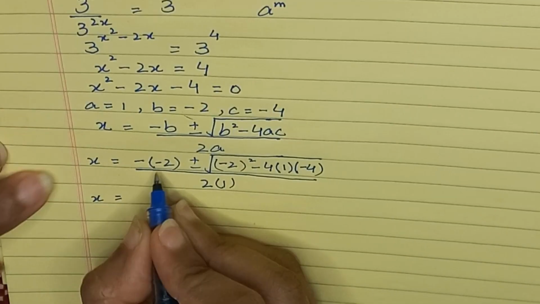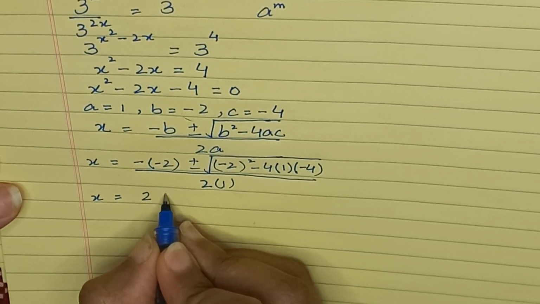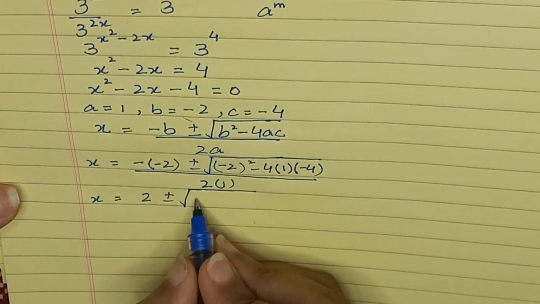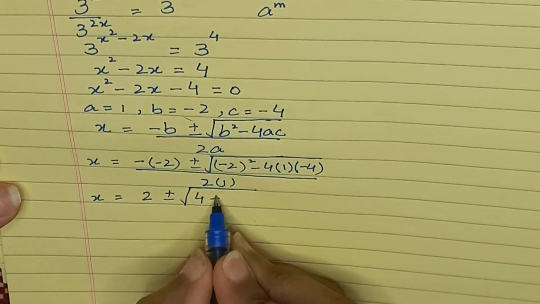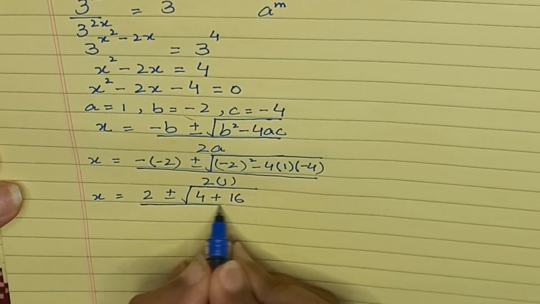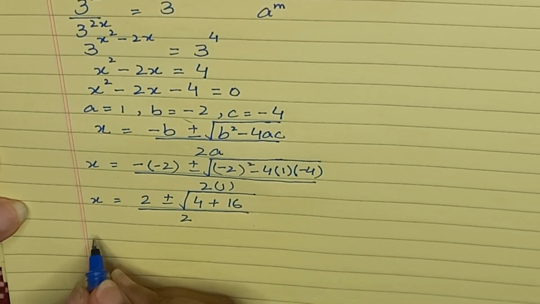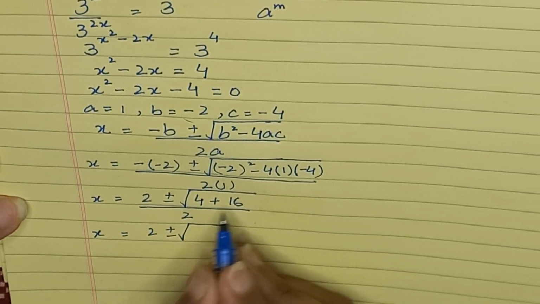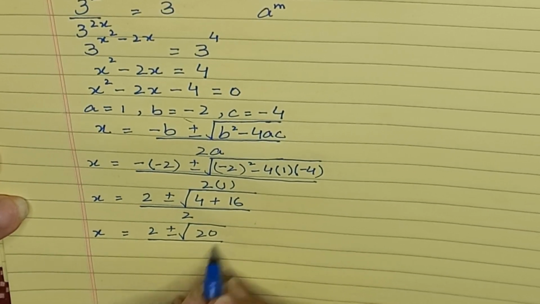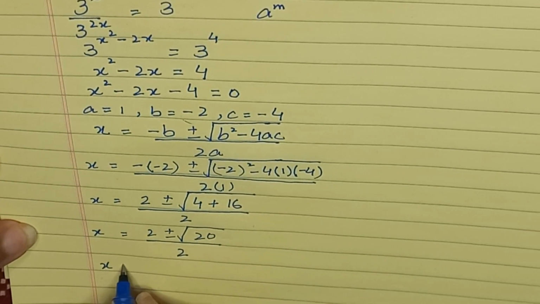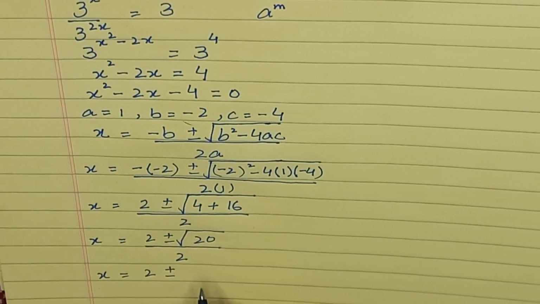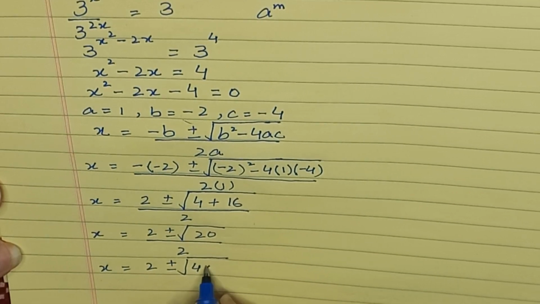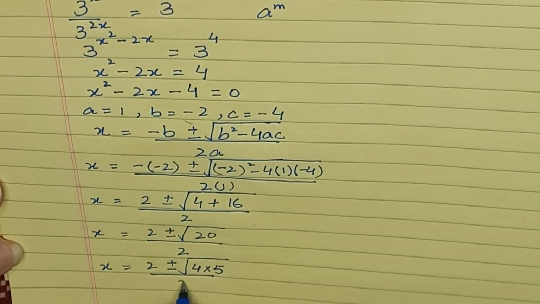So from here x is equal to −(−2), which is +2, ± square root of (−2)², which means 4, minus minus plus 4 times 16, divided by 2. So x will become 2 ± square root of 16 + 4, which is 20, divided by 2. x is equal to 2 ±, we can write 20 as 4 multiplied by 5, divided by 2.